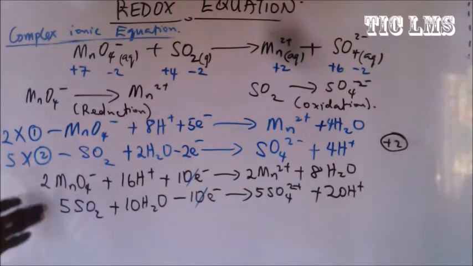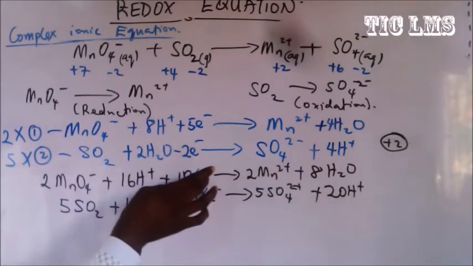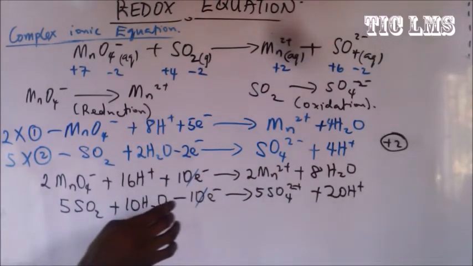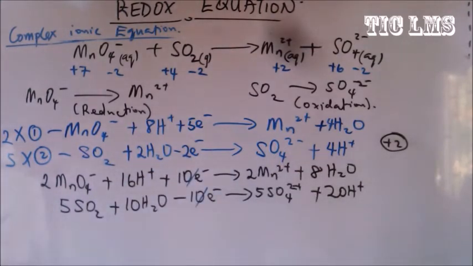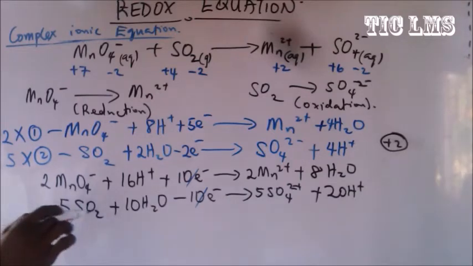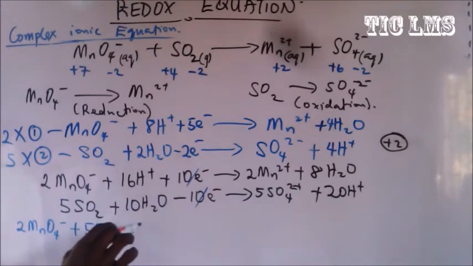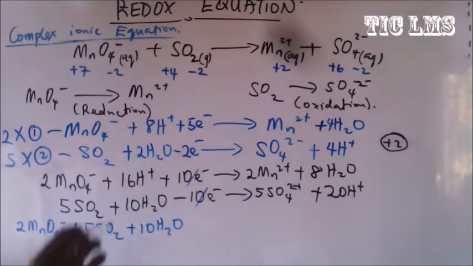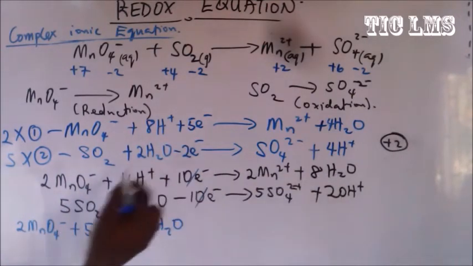Now the next thing is to bring the two equations together. Let's bring this water molecule to the reactant side and the hydrogen ion to this other side, because they will end up cancelling out. Here's what I mean. So what you will have will be 2MnO4 minus, then let's take this, plus 5SO2, then we have plus 10H2O. This 16H plus, we want to move it there. Then we'll bring this H2O over here.